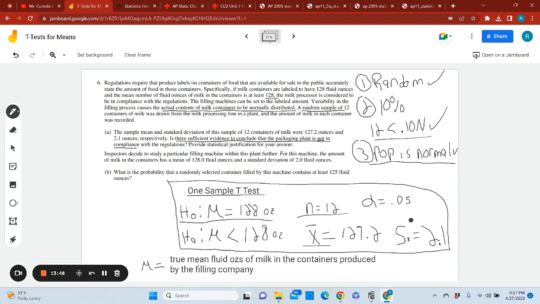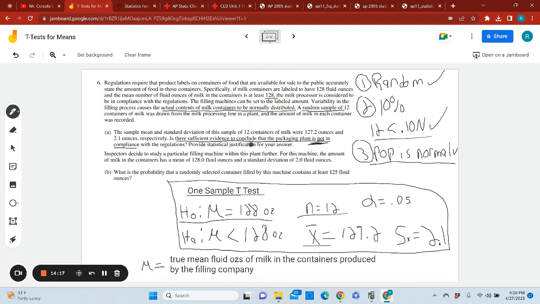Now, we are running the test at the 5% level, and it's a lower-tailed test because this arrow is pointing to the left. If the arrow is pointing to the right, then it's an upper-tailed test. And if they simply say does not equal, like here they specifically say, are we not in compliance? Within the context of this question, not being in compliance would be having less than 128 ounces.